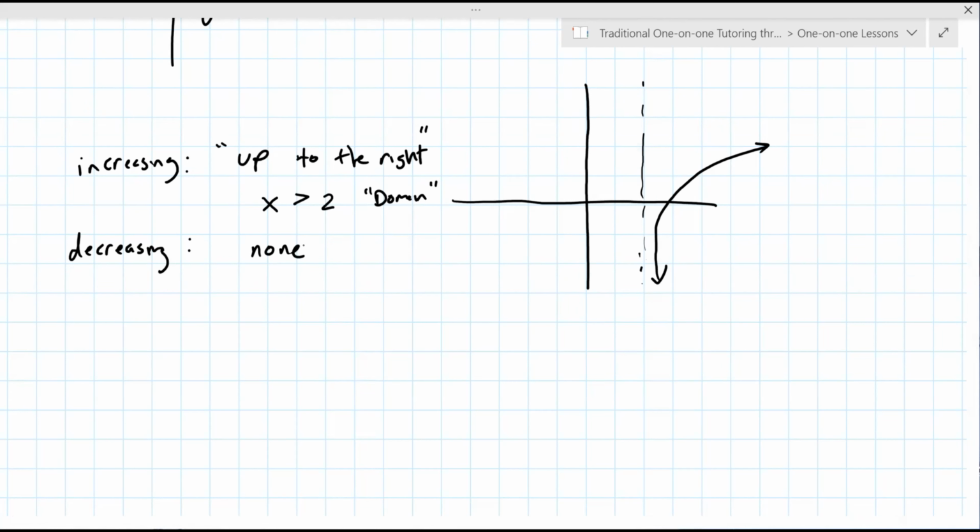All right, so now the next thing we can talk about is the end behavior. You would say as x goes to positive infinity first. Basically this means to the right.